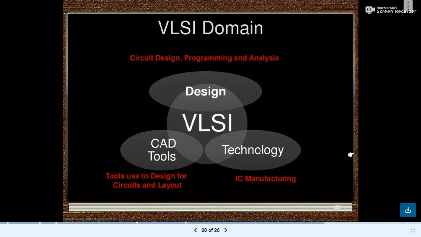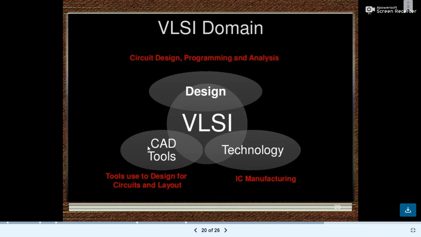Now let us understand the VLSI domain: circuit design, programming and analysis, tools used to design circuits and layouts, and IC manufacturing. Here you can see design, CAD tools, technology and VLSI. VLSI is a hardware sort of thing. In the design part, circuit design, programming and analysis are required.